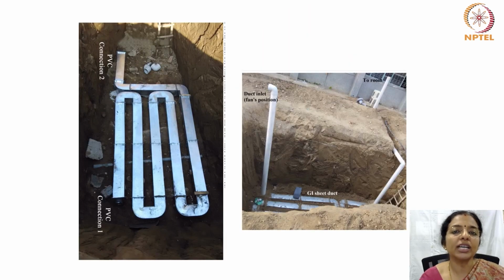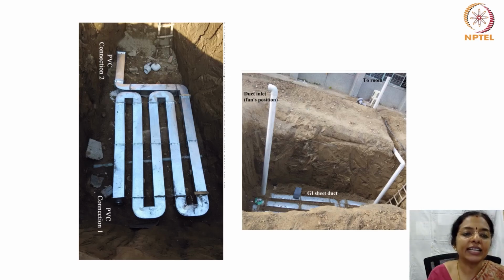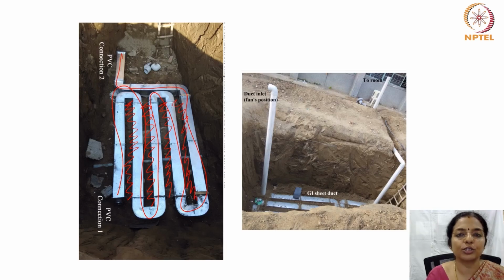The earth is dug with the help of an excavator, and then the system consumes very little electricity. See here, it is a single tube, but it makes full use of contact with the soil because it goes in a spiral manner, and therefore there is more contact area of the tube with adjacent soil.